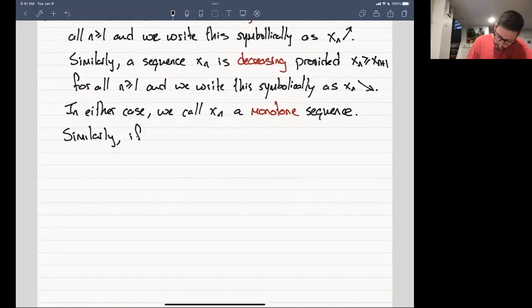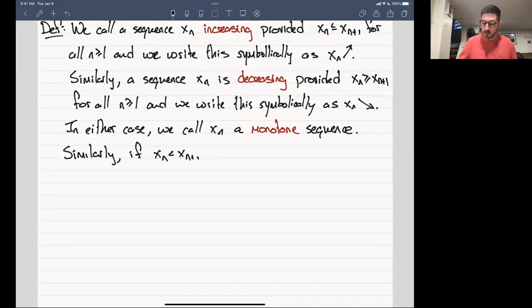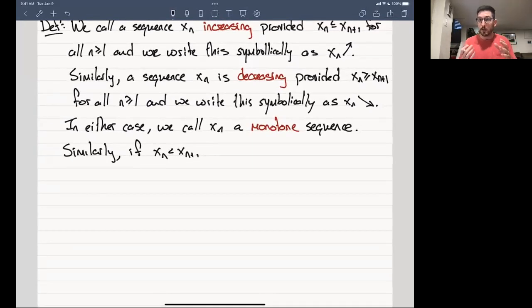It's important that we separate these things out. I know it's a lot of writing, but we should have these things compartmentalized, right? So the original definition for increasing and decreasing is greater than or equal, right? We have equality possibilities here. So a constant sequence of all ones, that's technically a monotone sequence because it satisfies these inequality conditions.